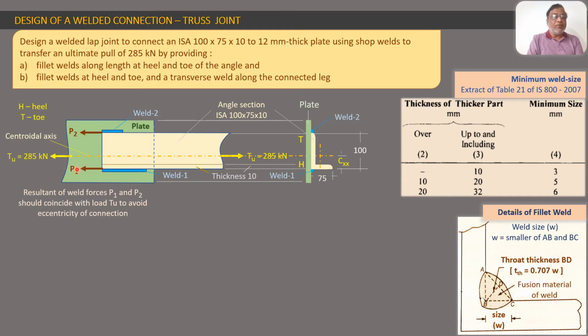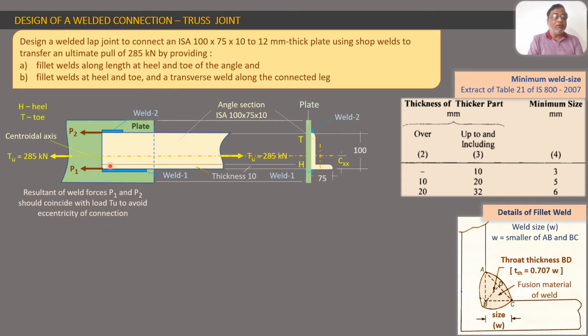So that is why we get P1 greater than P2. So P1 and P2, their magnitudes, which means the lengths of the welds, are finally to be adjusted so that the resultant of P1 and P2 will pass through the centroidal axis, along which the load Tu is acting. Now why is it to be done? This is to avoid eccentricity of connection.